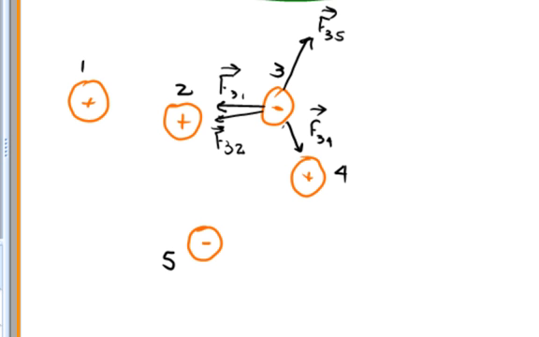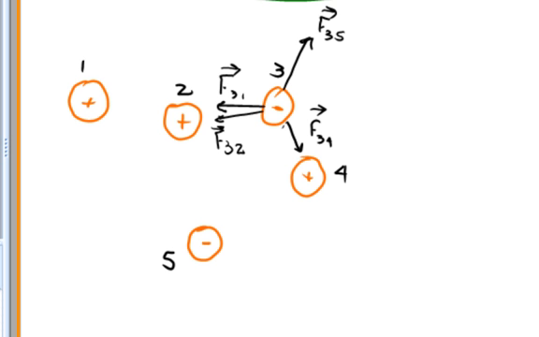And generally, you're going to be asked to figure out the magnitude and direction of the net force on that one charge due to the other charges. We've got a Coulomb's law problem in which we're making a calculation of the force, and then we have a vector problem in which we're making a calculation of the angle that that force makes.